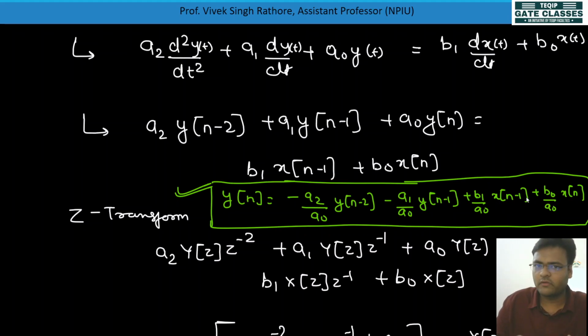It is not dependent on future input, it is dependent upon either present input, past output, or past input also. So y of n is dependent on these terms.